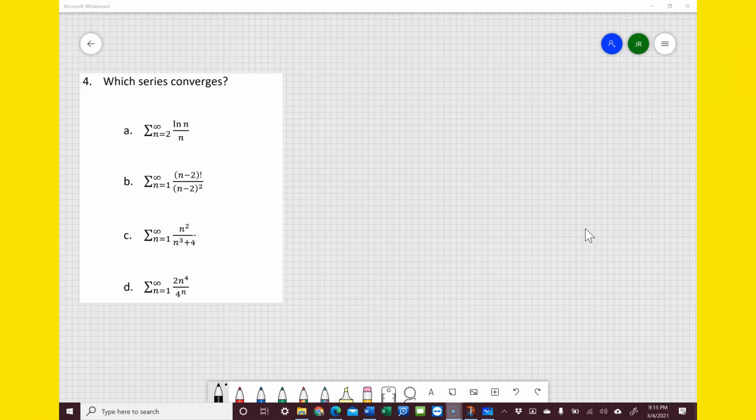C though looks almost basic. If we could manipulate that a little bit and think about it, I think we could turn it into something that would be somewhat basic. So I'm going to try that first. So if we have n squared over n cubed plus 4, let's just say as the limit of that thing as n goes to infinity, what's it going to behave like? Well, the 4 won't matter, and the n squared over n cubed becomes what?